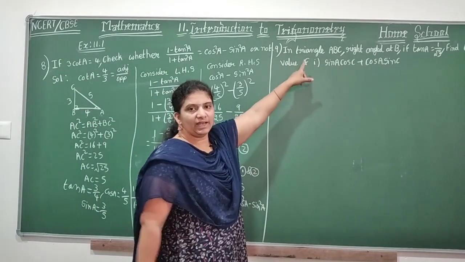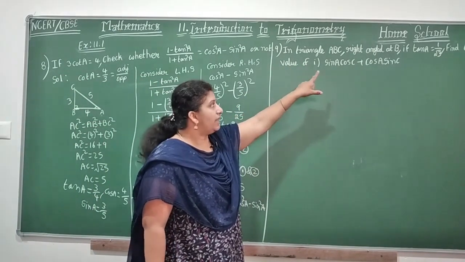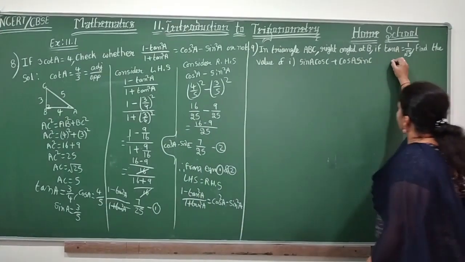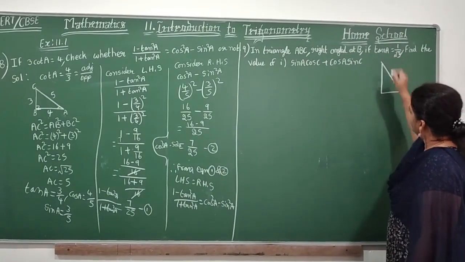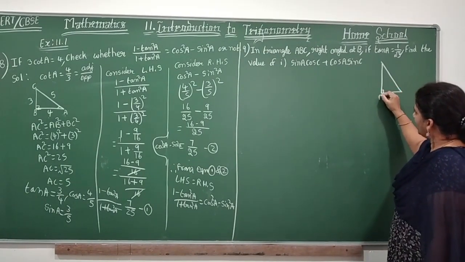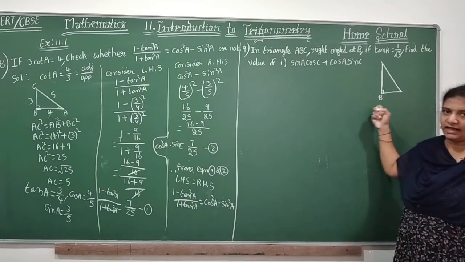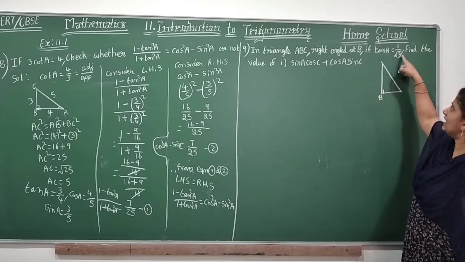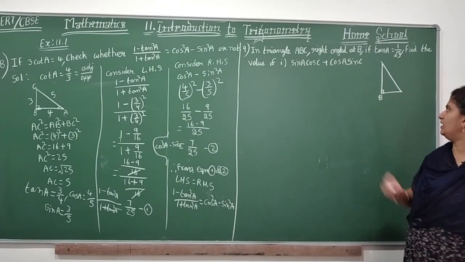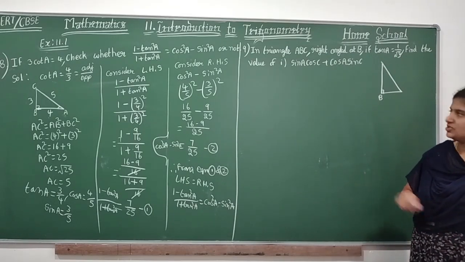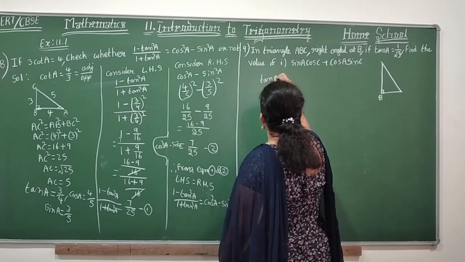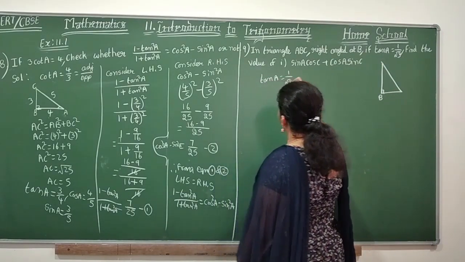Shift to the ninth problem. In triangle ABC, right angled at B. So look here, let me draw a right angle triangle. Right angled at B. So first I'll take the right angle letter, it is B. If tan A is equal to 1 by root 3. Same manner, children, here tan A is equal to 1 by root 3.